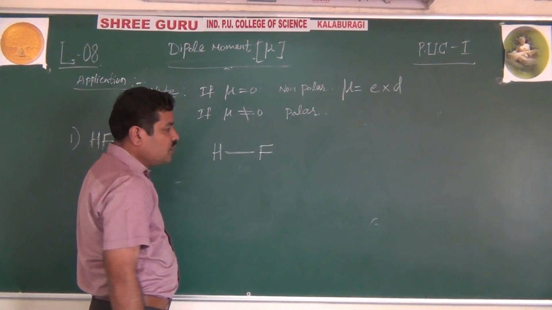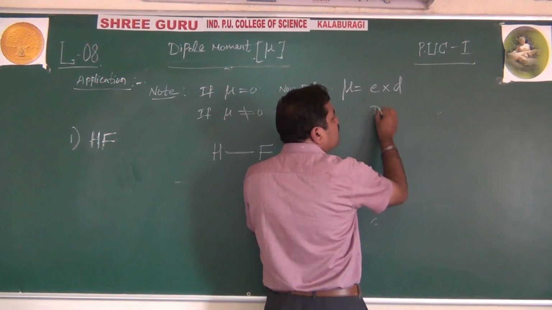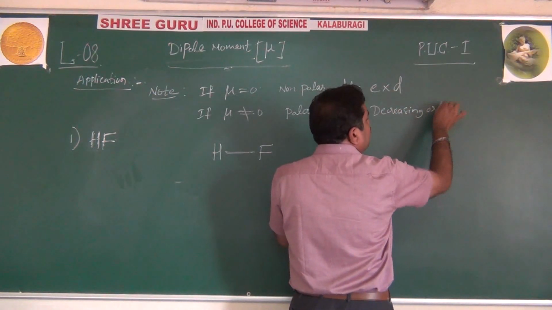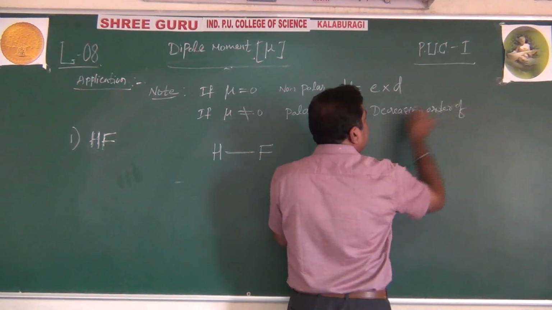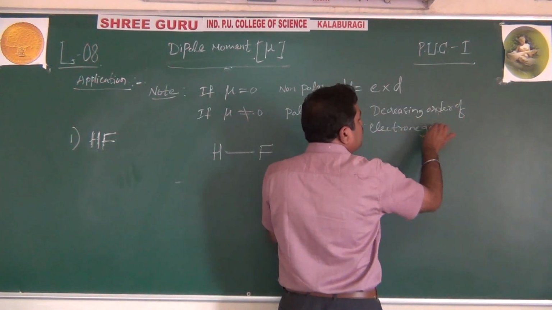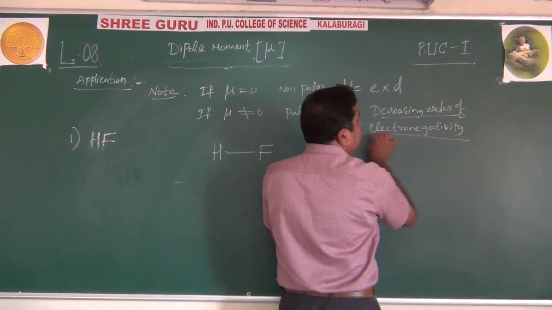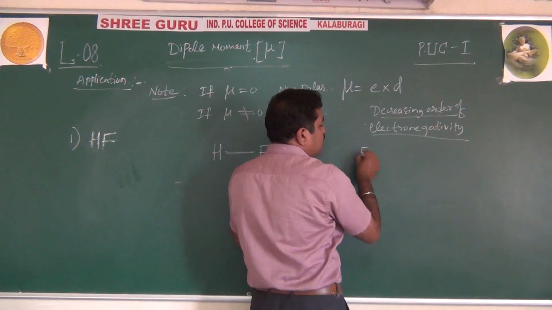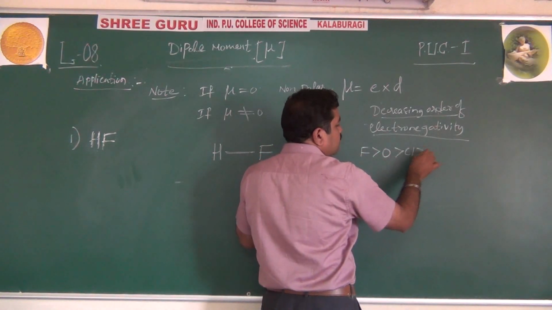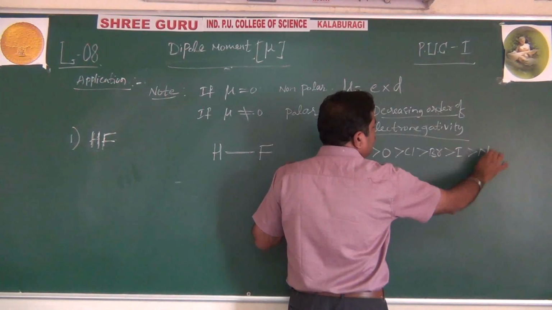So remember students, this order I have to remember, the decreasing order of electronegativity, which is also used in calculating formal charges. Once again I will repeat: fluorine most electronegative, followed by oxygen, then chlorine, then bromine, then iodine, then nitrogen.